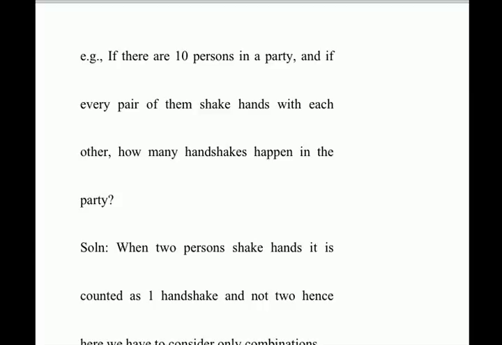Okay, now that we've covered the basic definitions and some simple rules, let us look at a typical GMAT kind of problem around combinations and permutations. So if there are 10 people in a party, and if every pair of them shake hands with each other, how many handshakes happen in the party? So that's the question.